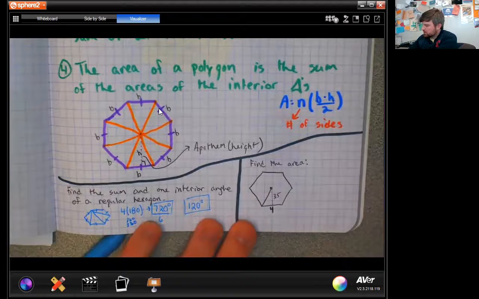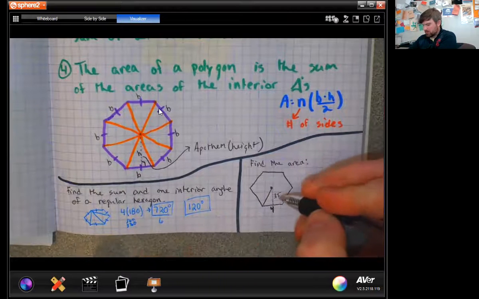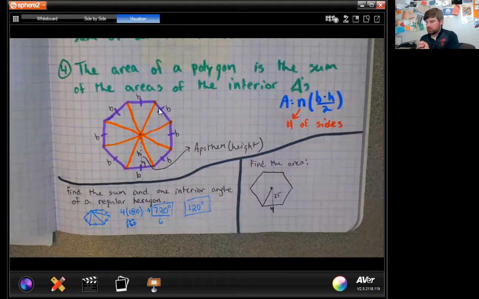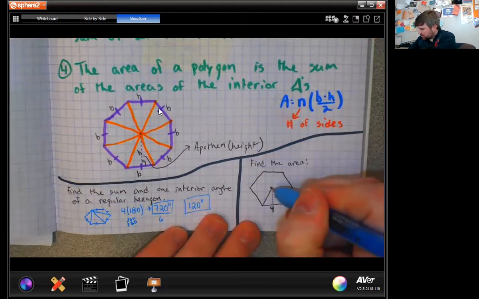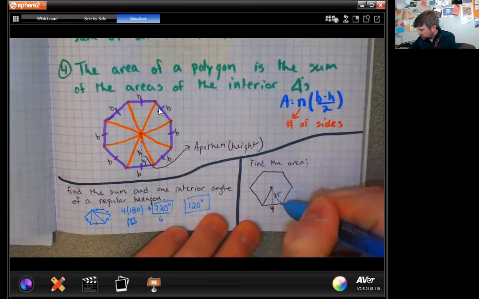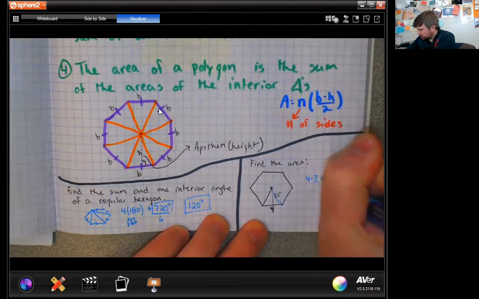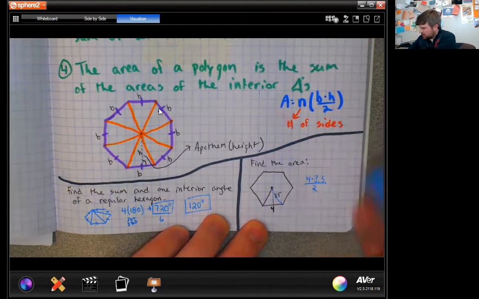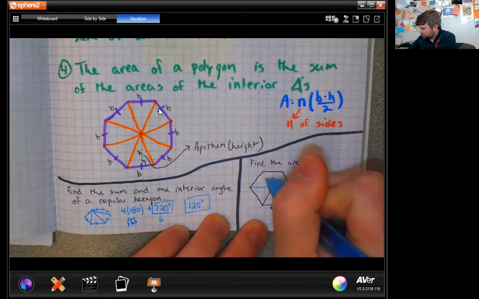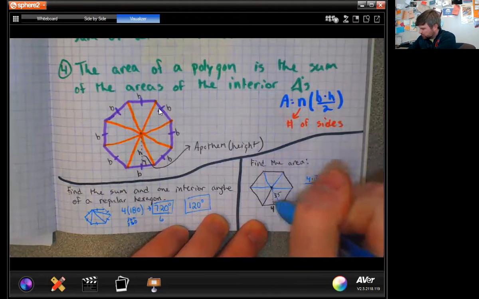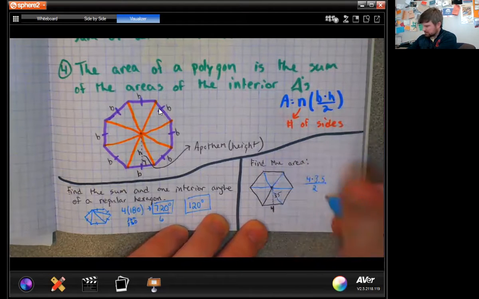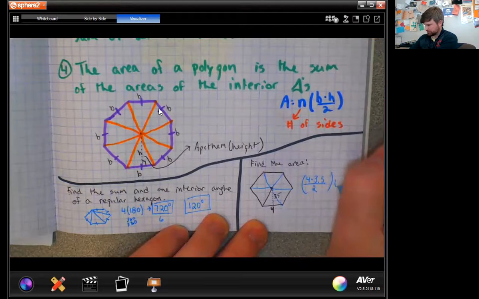Okay, so I would find the area. So to do this here, I would find the area of this one triangle right here. So that's base, which is 4, times the height divided by 2. And I'm actually going to have 1, 2, 3, 4, 6 of those triangles.